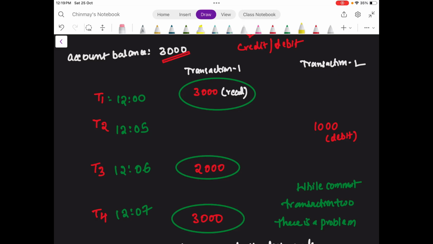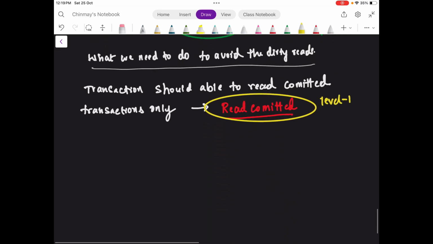Okay, now the second problem is non-repeatable reads.